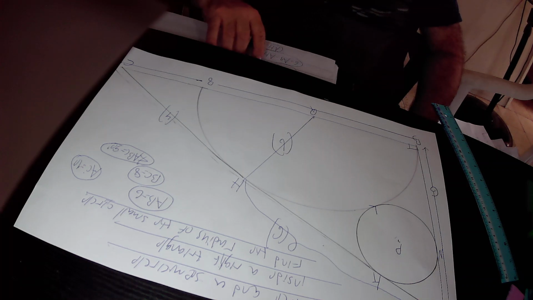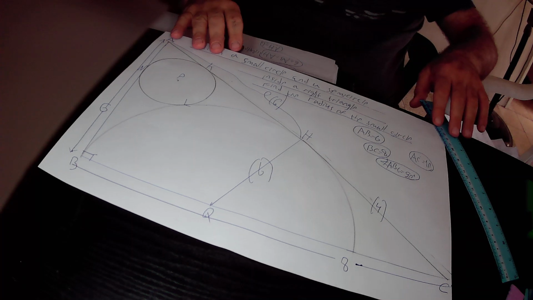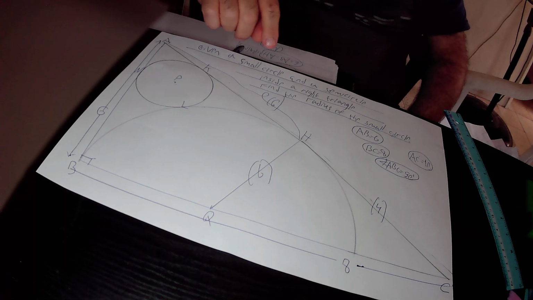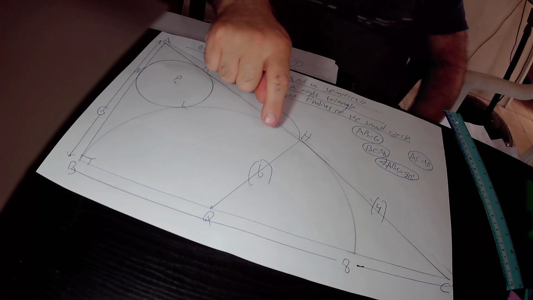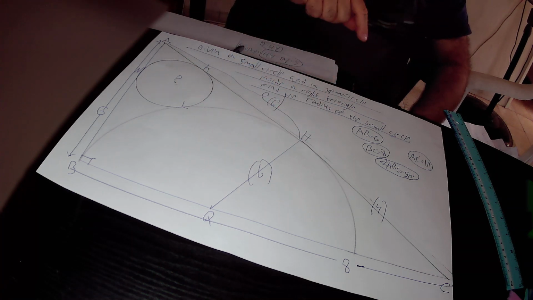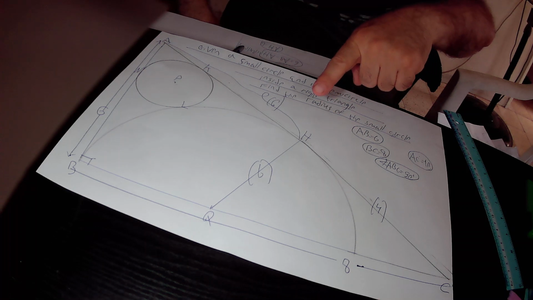Here we can implement rule 1. According to rule 1, a tangent to the circle is perpendicular to the radius drawn to its point of tangency. We have the radius QH equal to B. The radius QH is drawn to point H, that is the point of tangency of tangent AC with this big semicircle.